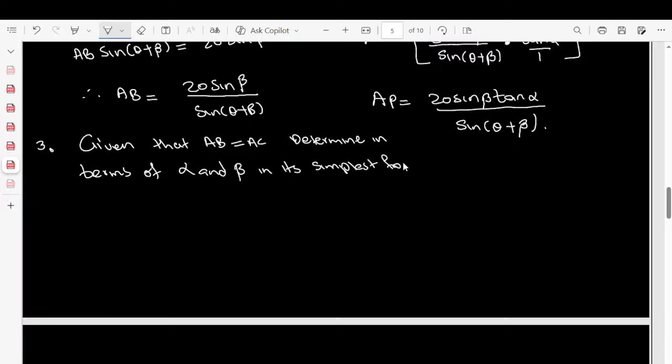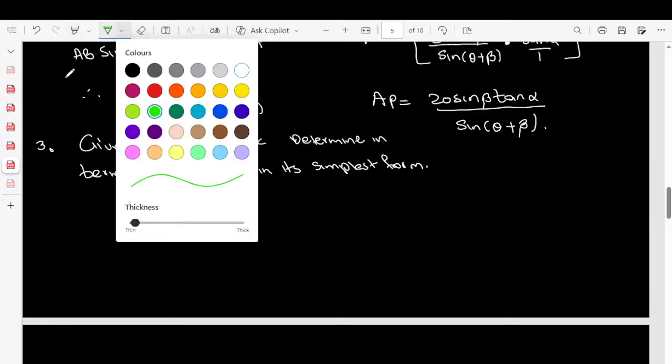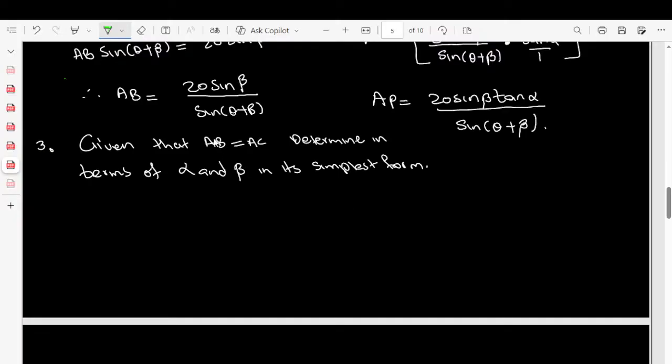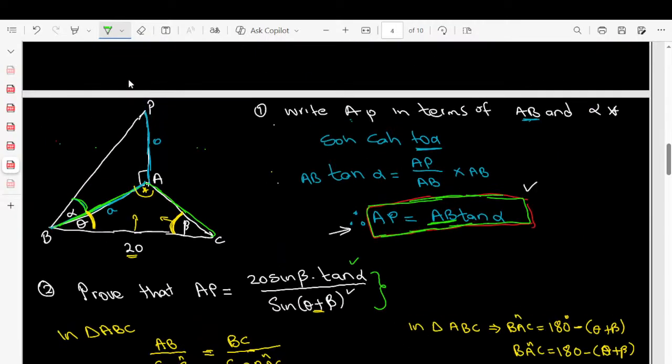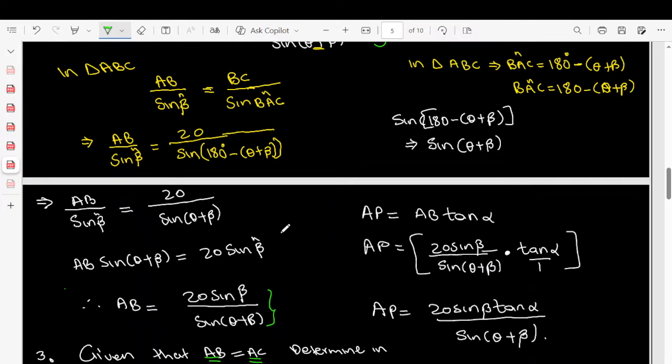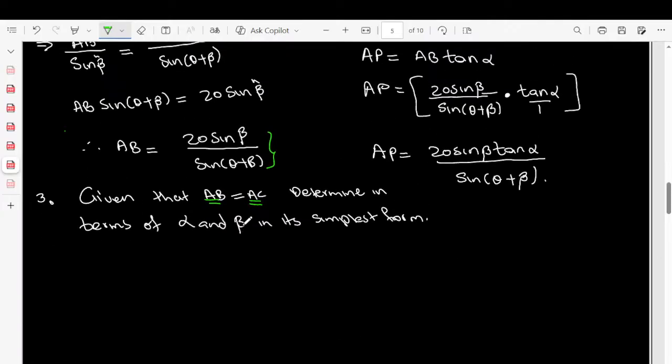I'm not sure what they are asking for here, but let's try to analyze the question. They say that we are given AB. We know that AB is this one, and it's equal to AC. Let's go back to the diagram and see what AC is. Oh, they say this AC, this line. They say AB and AC are equal. Okay, we can see that. That's what we are given.